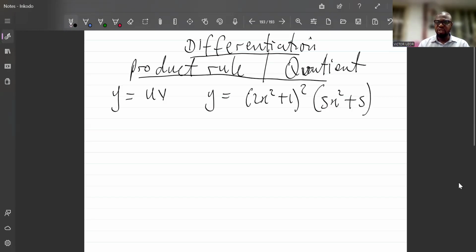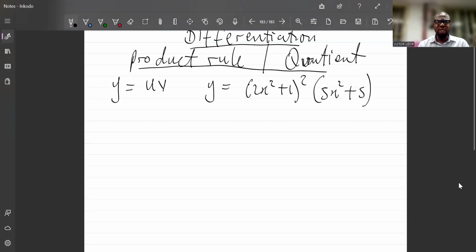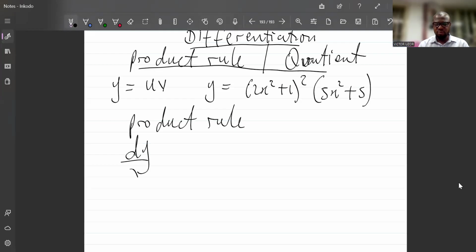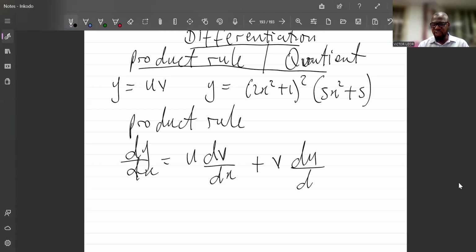Now, these are two things multiplying each other. But the first thing I would like you to understand is the formula for the product rule: dy over dx equals u dv over dx plus v du over dx.